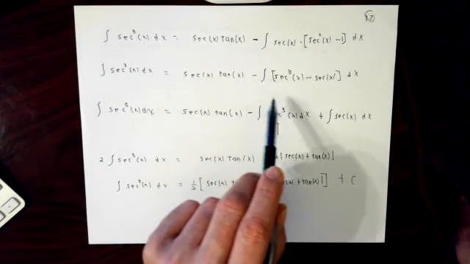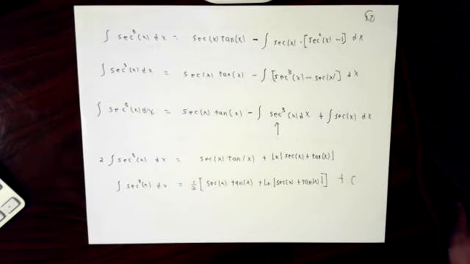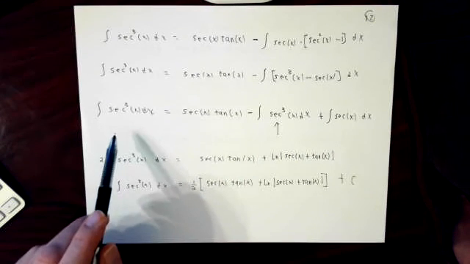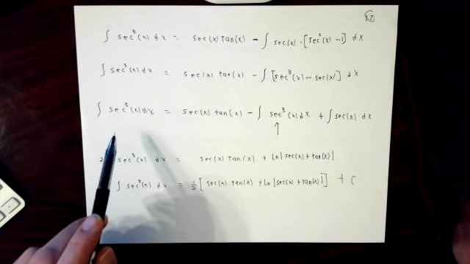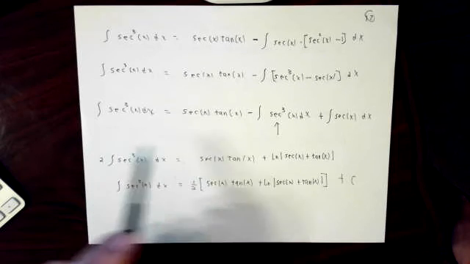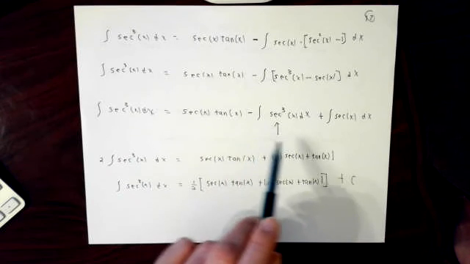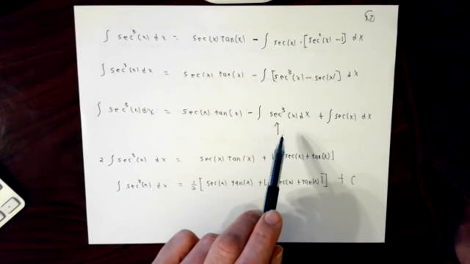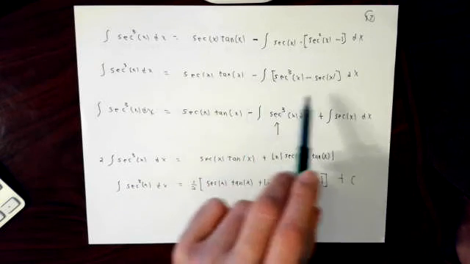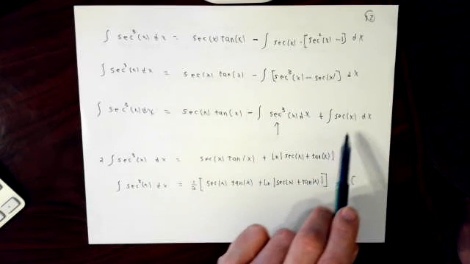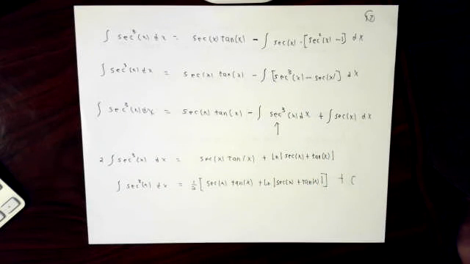So the last part of the integral can be written this way. So the thing that I'm looking for, the antiderivative of secant cubed, is secant of x times tangent of x minus the integral of secant cubed x dx, and minus is plus the integral of secant x dx.